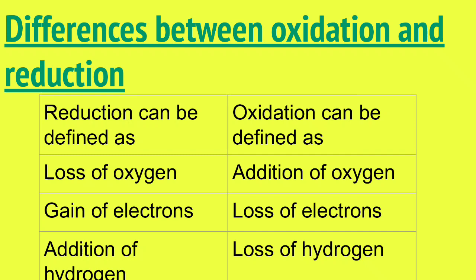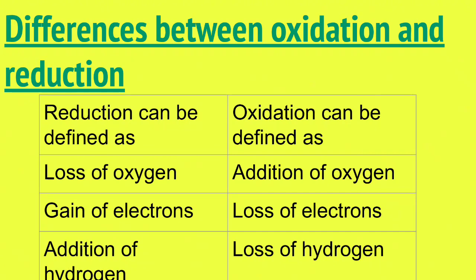For example, reduction can be defined as the loss of oxygen from a substance. An example is when you react copper 2 oxide with a more reactive metal like iron.